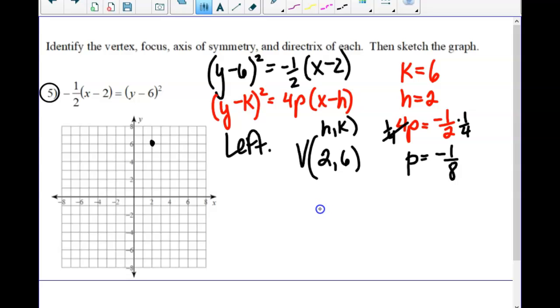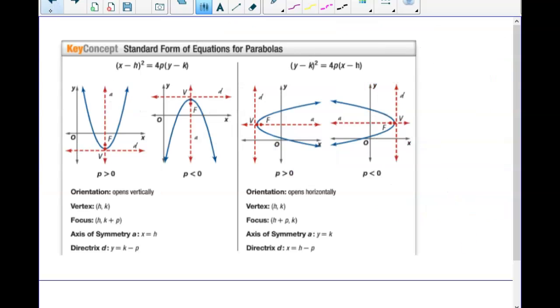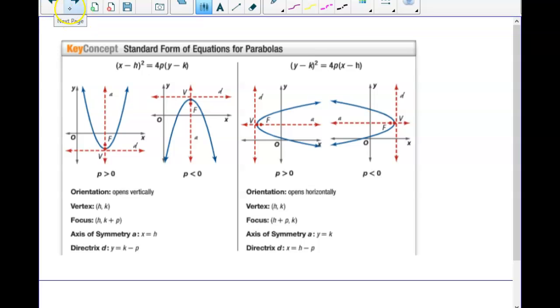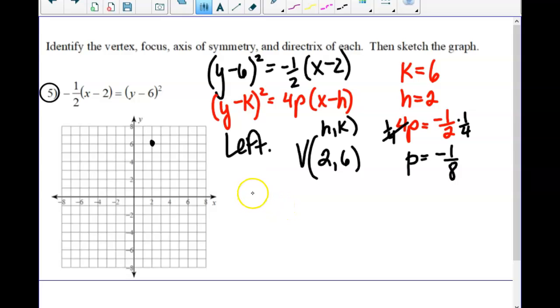All right, how about the recipe for the focus and directrix this time? When it's opening this way, I don't have a handy reference sheet here. It was a y minus, wasn't it? Is that the right one? So the focus is h plus p comma k, and the directrix is h minus p. So what did I just say?